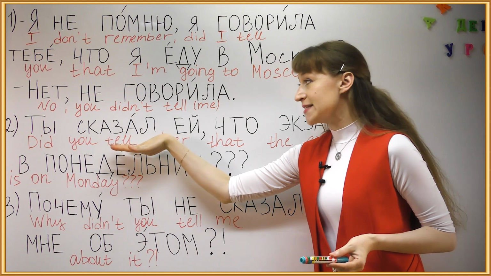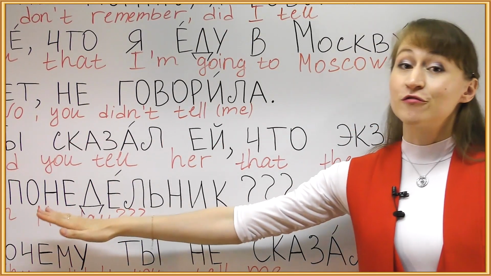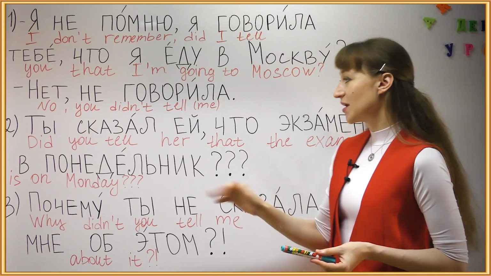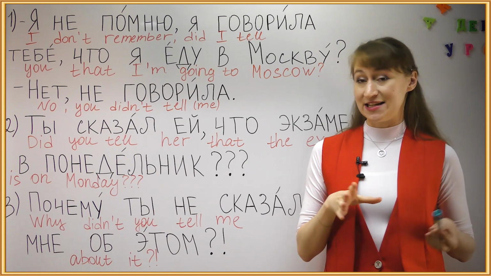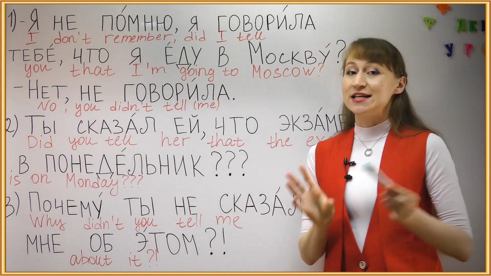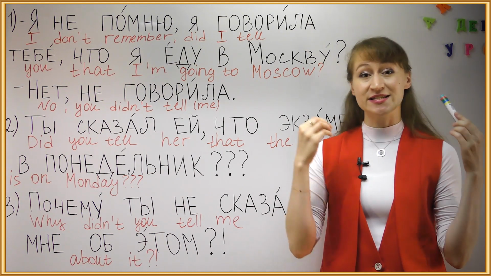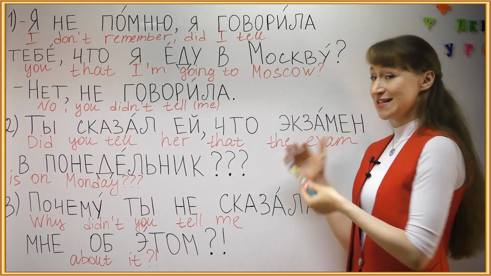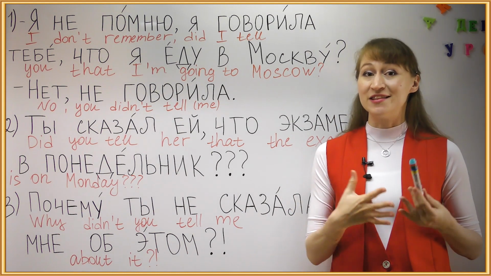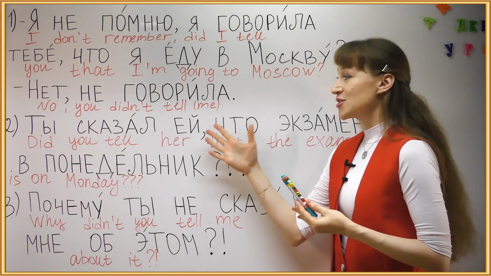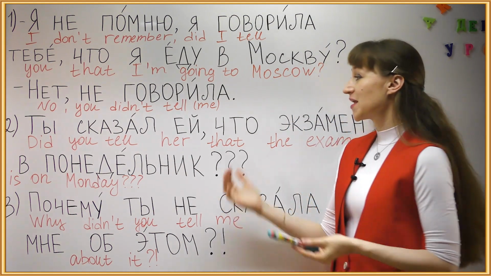Now let's look at the second example. Ты сказал ей, что экзамен в понедельник? Did you tell her that the exam is on Monday? So here it's very important, right? Because if she misses the exam, that will result in some bad things for her. So you should have told her that.